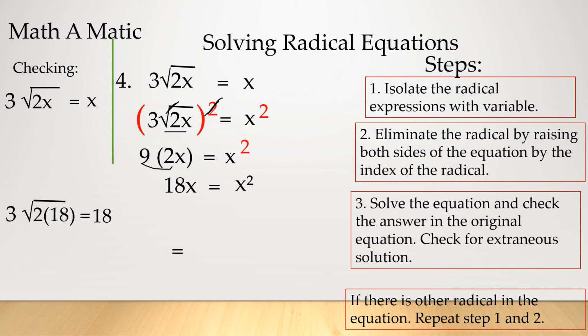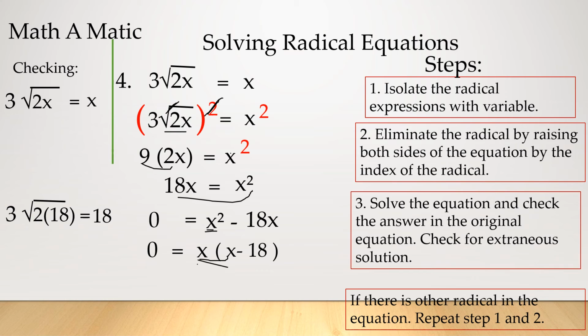Now, we need to combine. We can move this to the other side, and this one is equal to 0 now. It is equal to x squared minus 18x. Okay? Then we can factor. They have a common factor x here. So x times x minus 18. x times x, that is x squared.